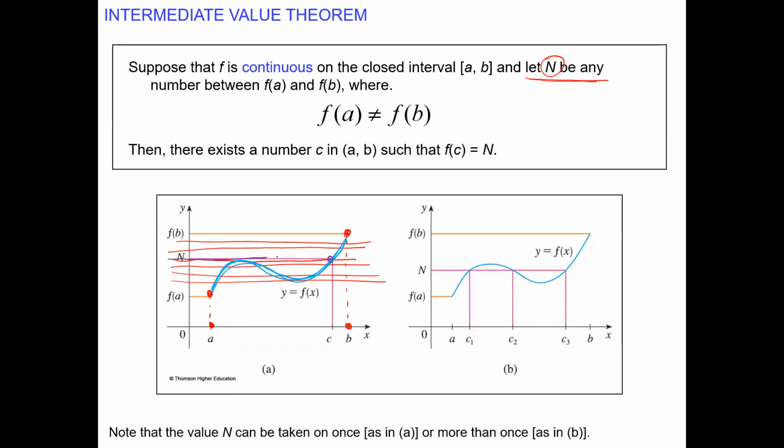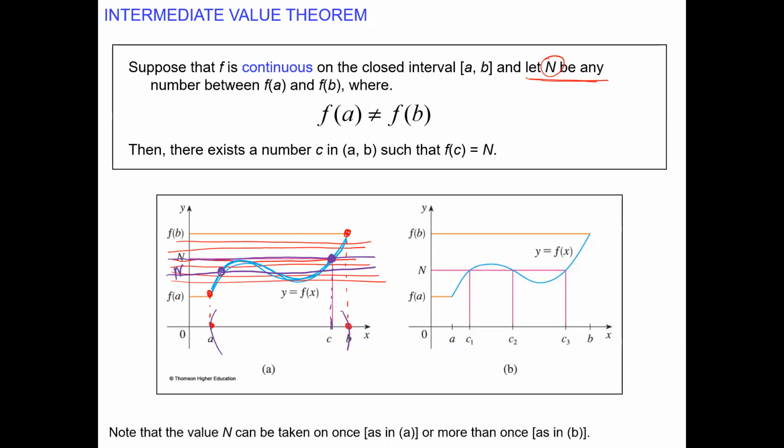Let's see where the intersection is. For that n, it's here, and that intersection corresponds to the x value, which is placed between a and b. It will fall in that interval. Let's say that that's my n. Now we can see, I have the notes underneath, n can be taken once, like for my first horizontal line, or could be taken more times.